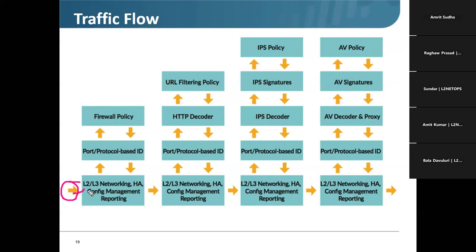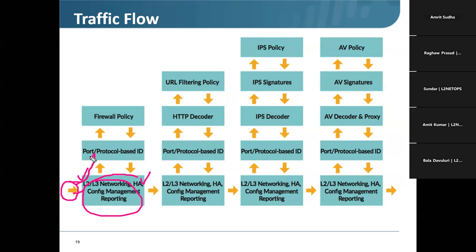From here it will check L2 and L3 networking, type of packet, high availability, configuration management and reporting. It will happen here. This is the Palo Alto firewall packet flow.